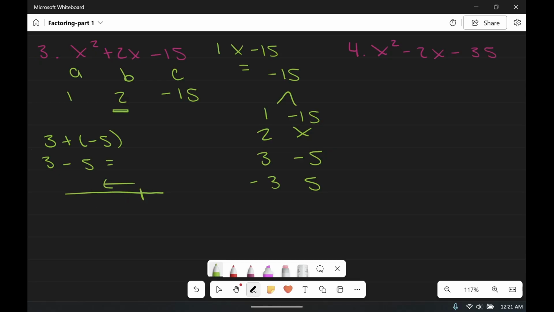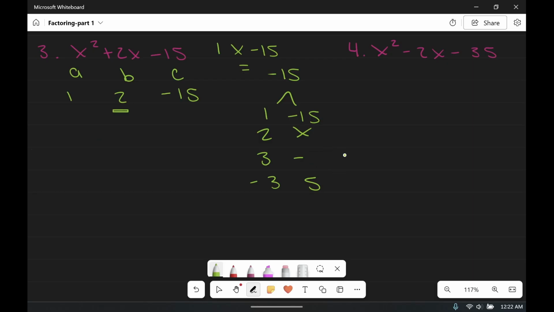So you're going to go this way in the number line, backwards. That'll bring you into the negative territory, okay? That equals negative 2. So do positive 3, negative 5 work? Well, 3 times negative 5 equals negative 15, but 3 plus negative 5 equals negative 2. But we want it to equal positive 2, so this was incorrect.